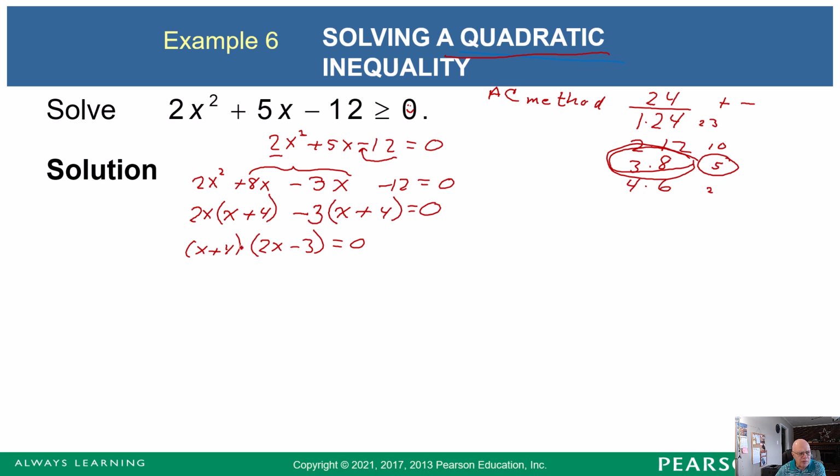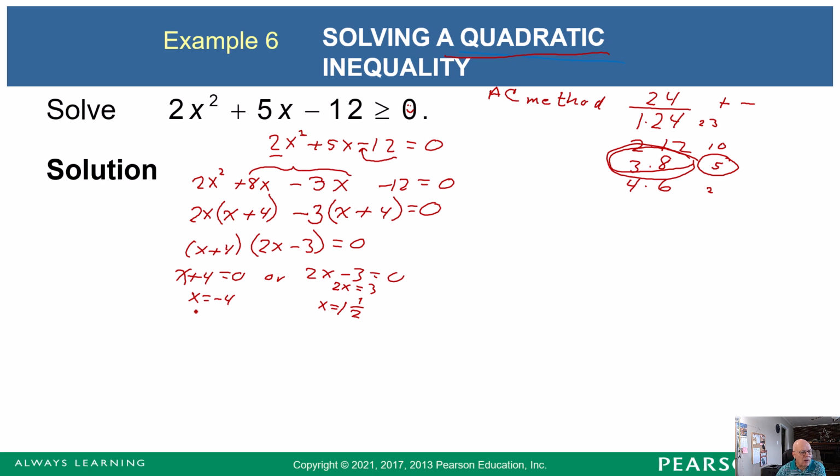I hope that helps. So we've got this zero factor property to help us solve. So x plus 4 equals 0, or 2x minus 3 equals 0. X equals negative 4, and 2x equals 3, or x equals 1 1/2.